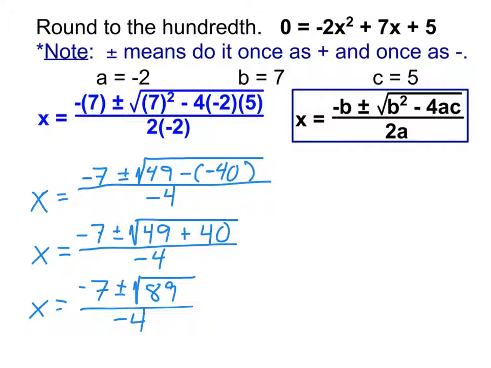So first thing I would want to do on my graphing calculator is I would do negative 7 plus the square root of 89. When you do this, you should be getting a number that's about 2.4 on your calculator. It's a big, long decimal. Now, on your calculator, you would then press divide by negative 4.